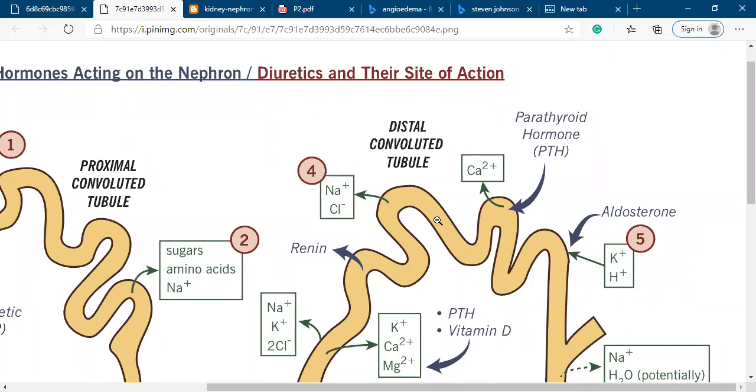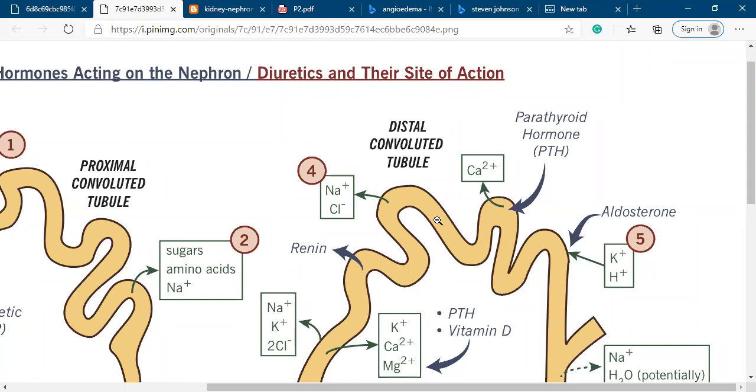Also, they increase the toxicity of heart medication. I want to recap it. They increase the toxicity of heart medications like quinidine and digoxin.